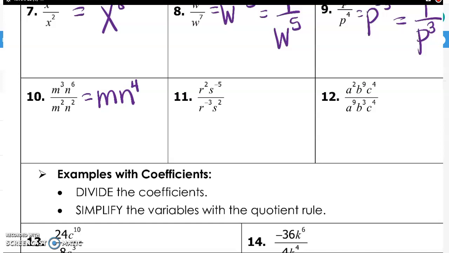Number 11, we would have r to the 5th. 2 minus negative 3 is positive 5. So r to the 5th. s would be to the negative 7th. Negative 5 minus 2 is negative 7. So then we need to rewrite that. r to the 5th stays on top. s to the positive 7th then is on the bottom.